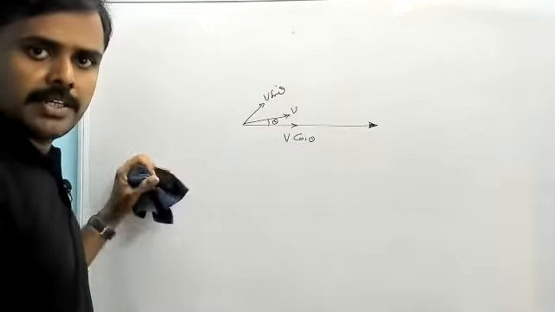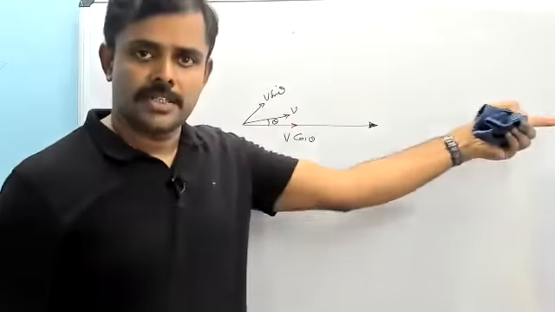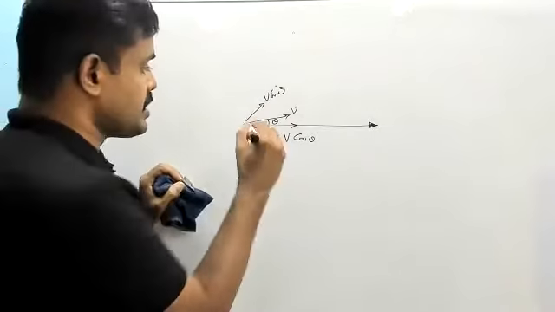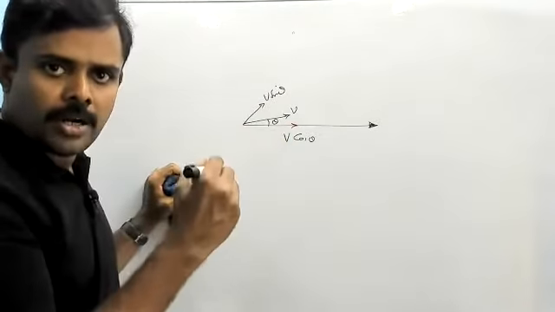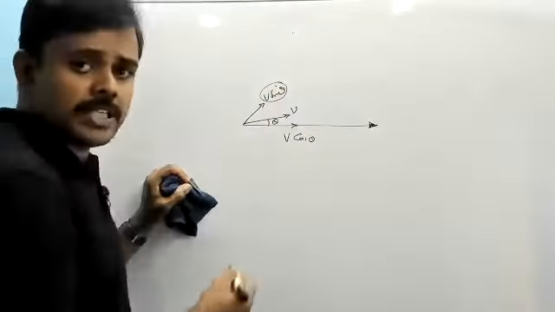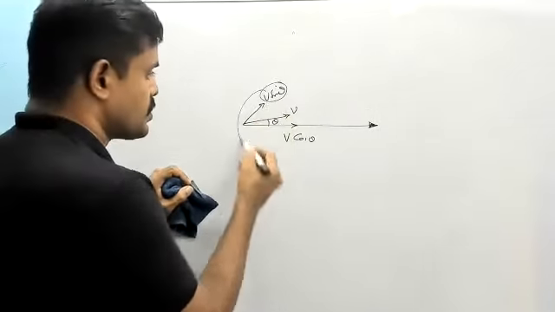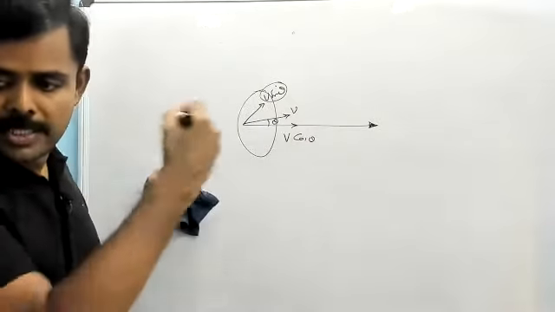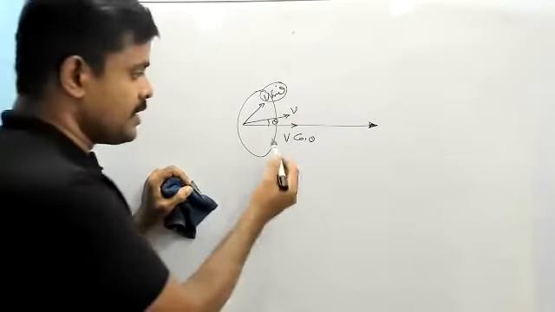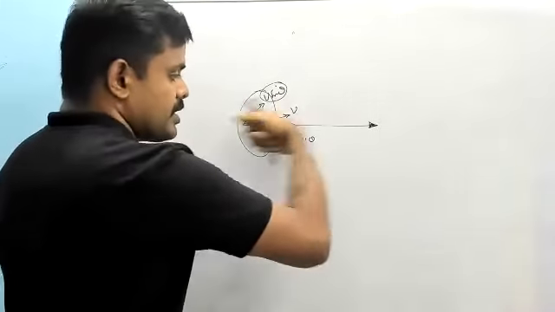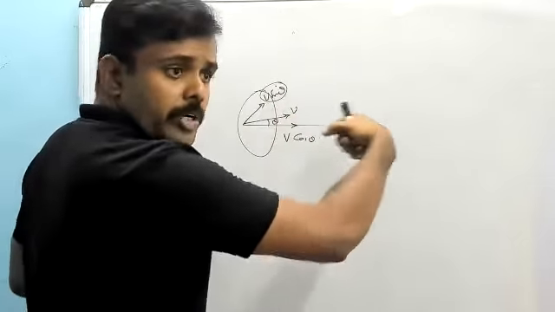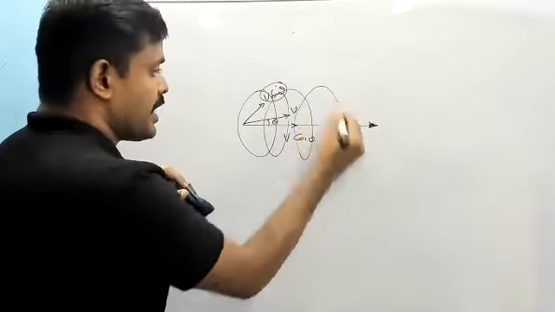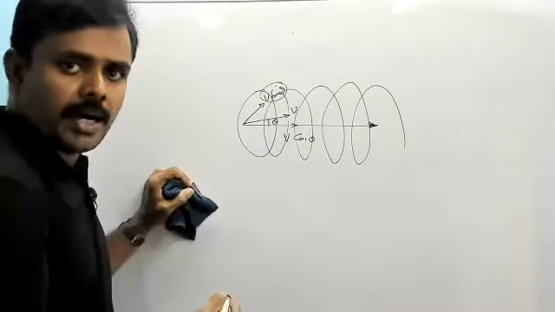Where is v cos theta? V cos theta is to the right. Where is v sin theta? V sin theta is into the board. And v sin theta is giving the Lorentz force. Lorentz force causes circular motion, so the particle moves in a circle. And v cos theta is giving linear motion, pulling it to the right, which means it actually moves in a helical path.